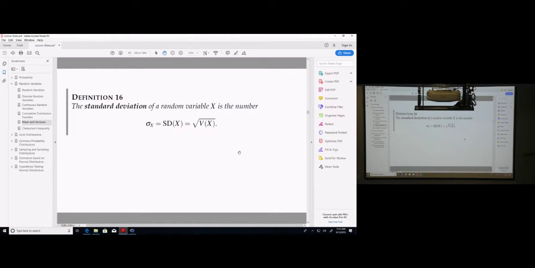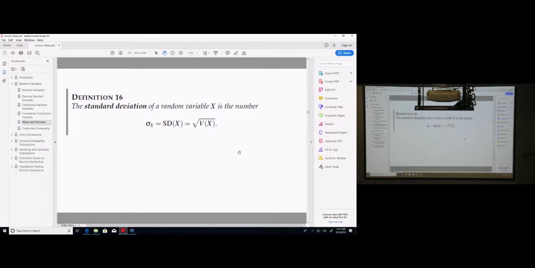Okay, so we have an urge to make things into the right unit. As I mentioned to you, the variance is not in the right unit. It's the square of the unit of your original measurement. So we wanted to change it back, so we take the square root here. So that would be the standard deviation.